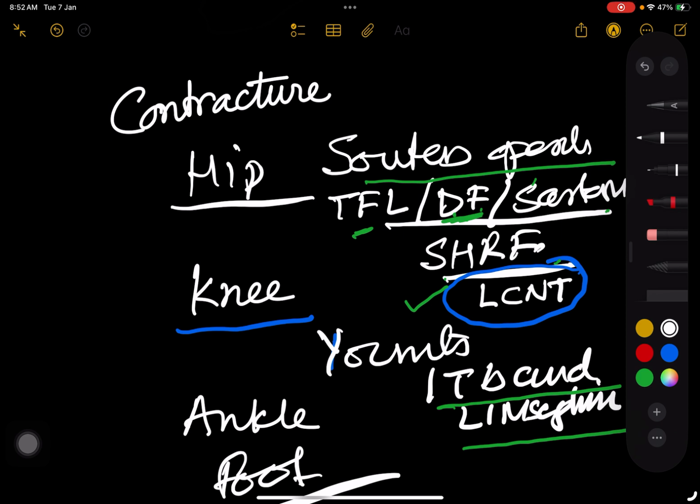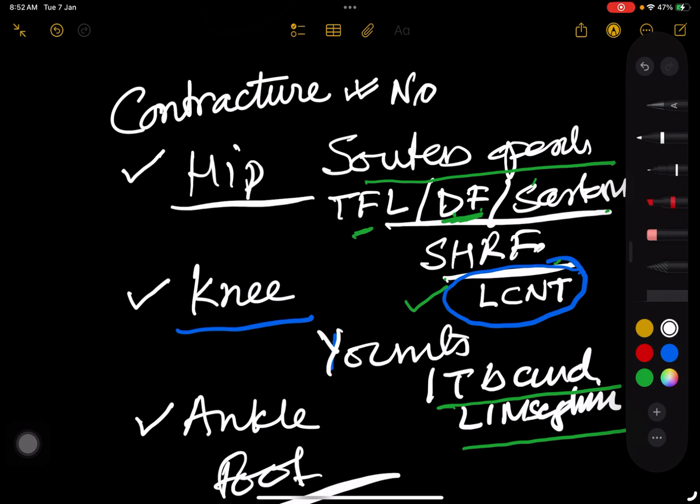Before you can give a device or do a tendon transfer, there must be full passive range of movement and no contracture. Contractures are initially dealt with by stretching, traction, physiotherapy, but if not, then you do release surgery, an operation to correct contracture.